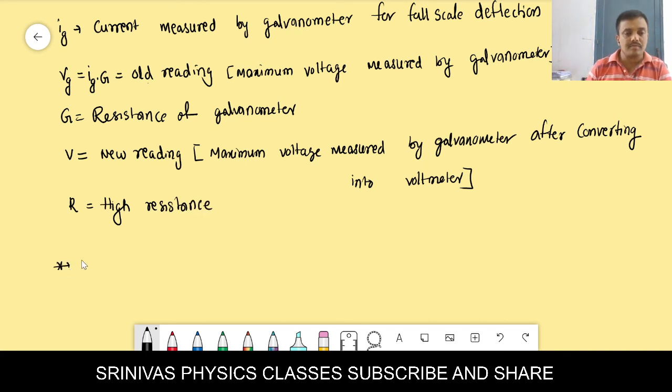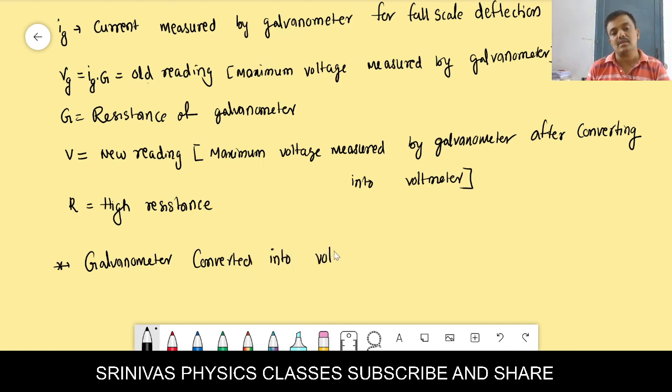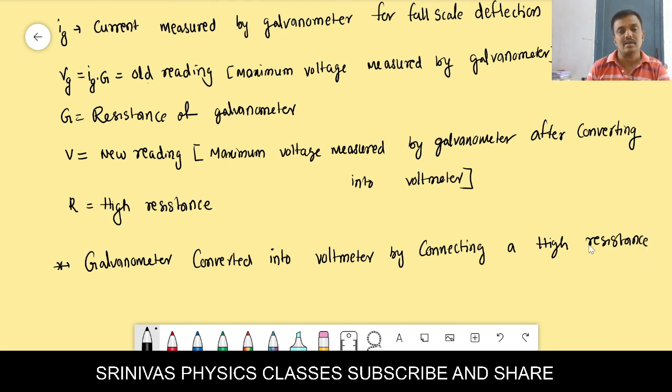Now we write one sentence. How do we convert the galvanometer into a voltmeter?